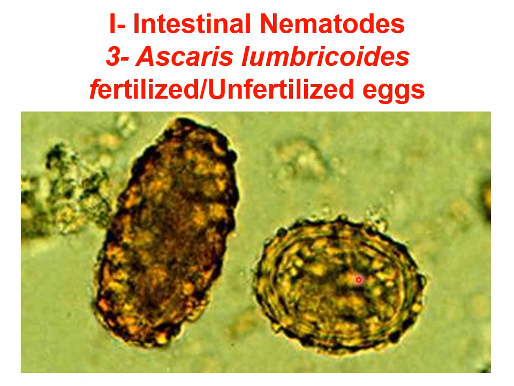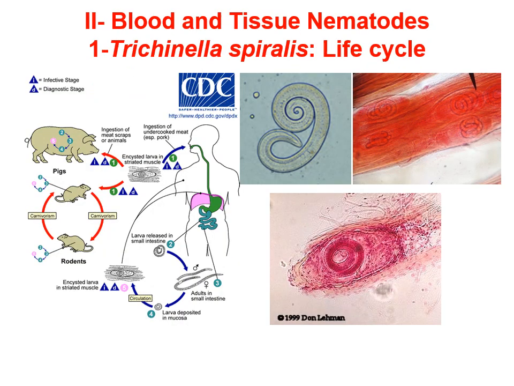As you can see, the fertilized egg is smaller in size and contains the embryo. The unfertilized egg is oblong and bigger in size. It has a spongy feature, and this one does not contain an embryo and gets disintegrated in the outside environment, so it is not infective.